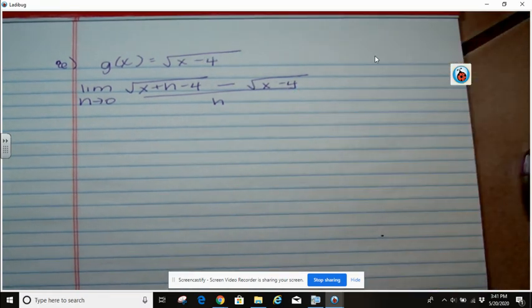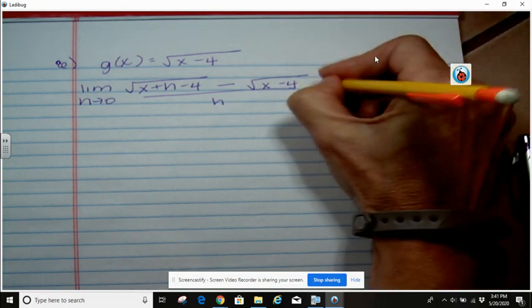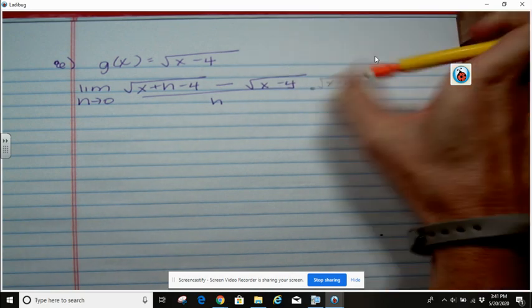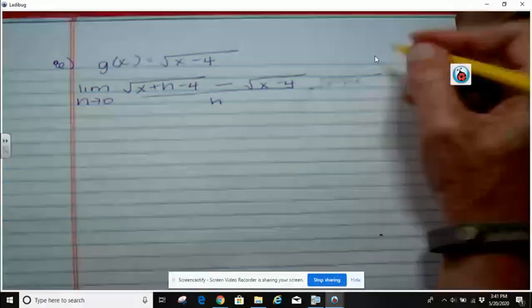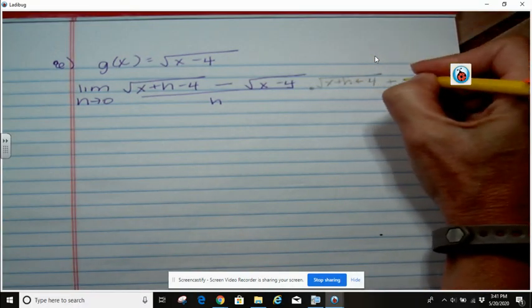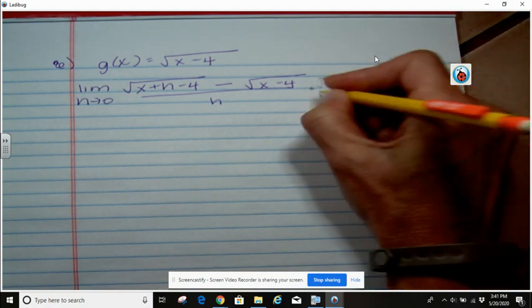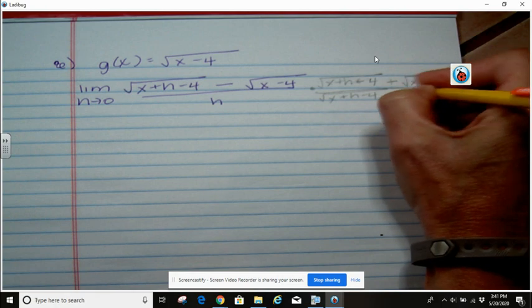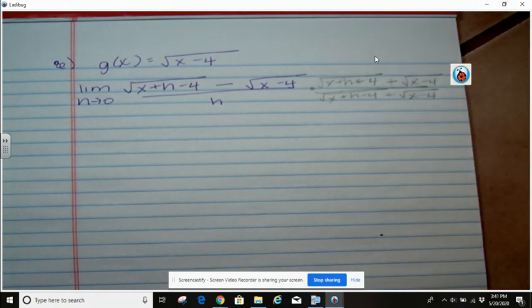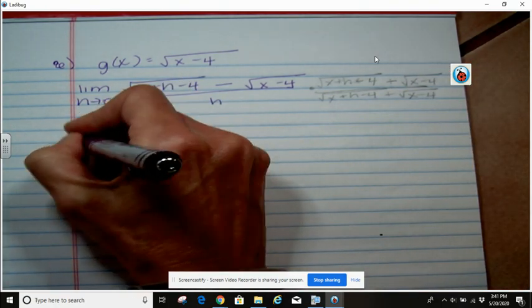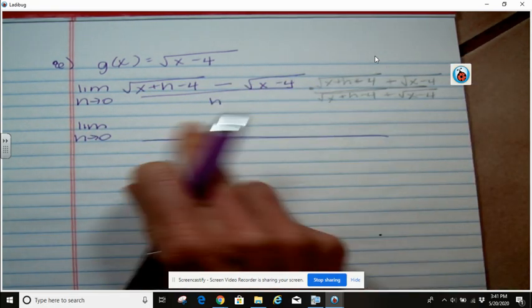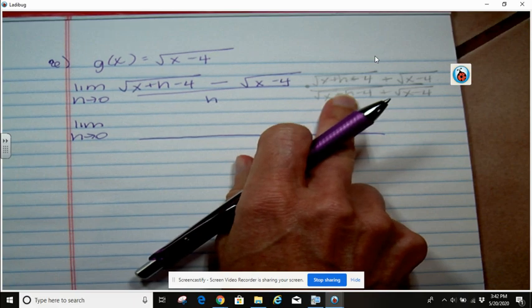So I'm going to multiply times the square root of x plus h minus 4 plus the square root of x minus 4, but on the top and the bottom. Okay, remind you again that when we multiply conjugates, the outer and the inner cancel.